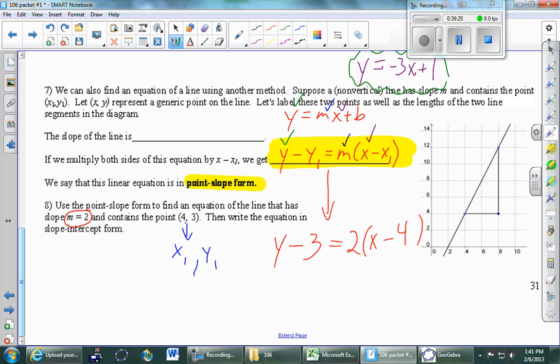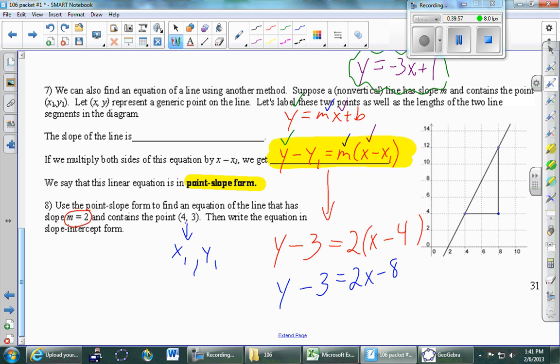If I wanted to continue and write the equation in slope-intercept form, well, that's the first red one, the y equals mx plus b. So let's do that here. I'm just going to rewrite this by first doing what with this 2? Distribute the 2. And then solving for y, because I want it to look like y equals.